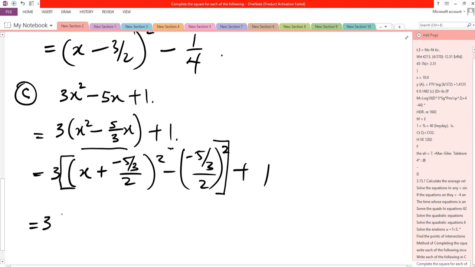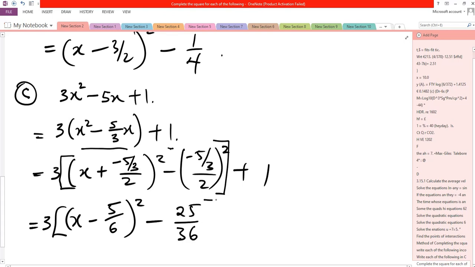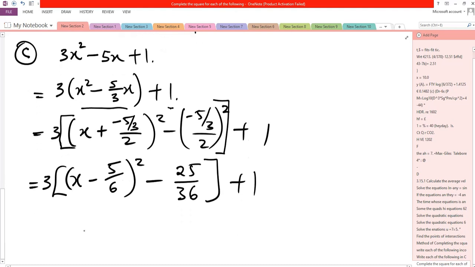We now have 3 times x, plus times minus is minus, so you have 5 over 6 all squared, minus 5 over 6 all squared, so this will give us 25 over 36, plus 1. Now use 3 to multiply inside.